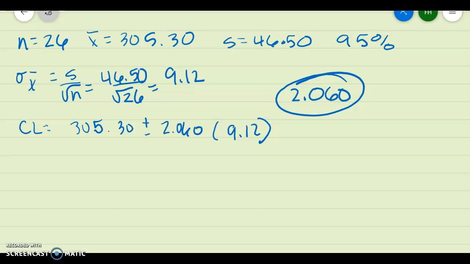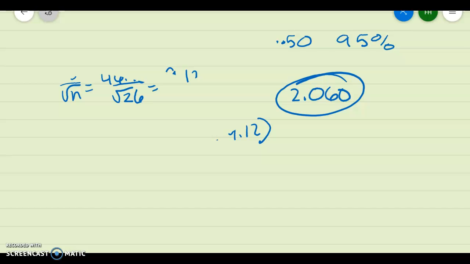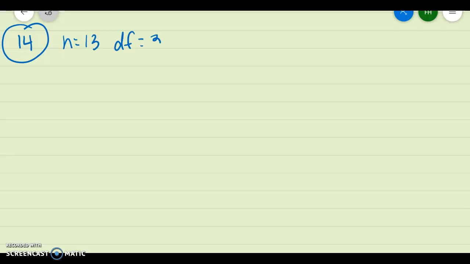Now, moving on to question 14. This is one where we'll do the limit here. We have n is 13, so our degrees of freedom is 13 minus 1, which is 12. And then our room rate was 172.10, and our sample standard deviation is 23.90.